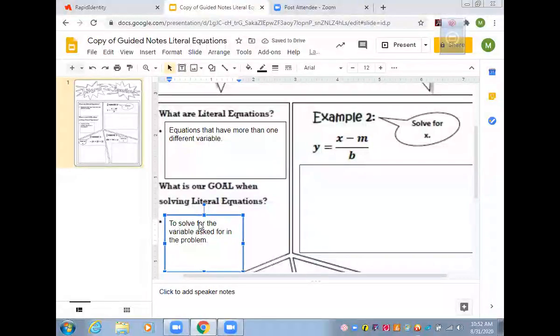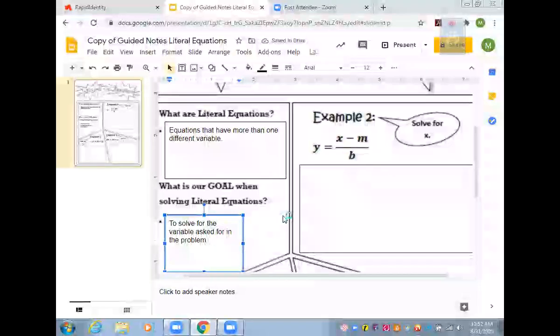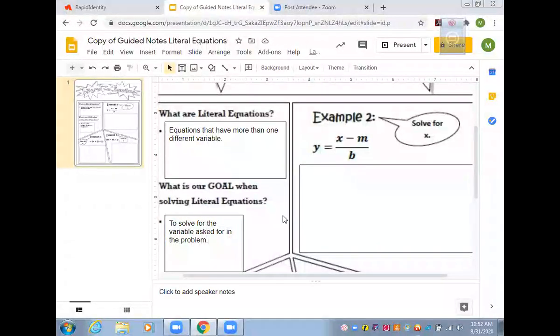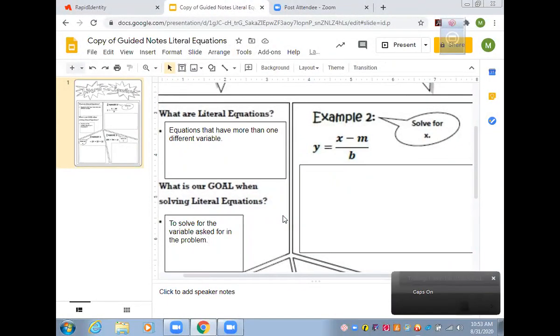So you can kind of see there with example 2, that equation has multiple variables in it, and they're asking you to solve for a specific one. So you're trying to get that specific variable by itself. So your answer is more than likely going to have multiple variables in it.